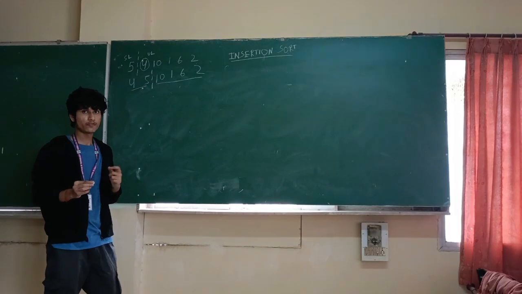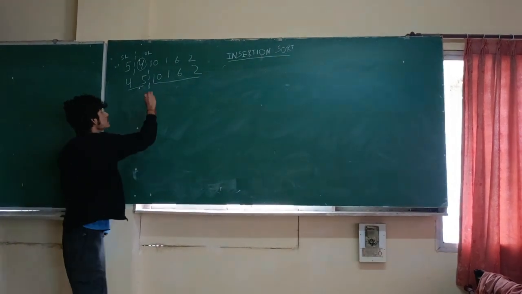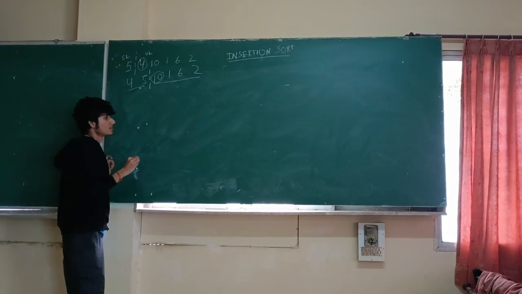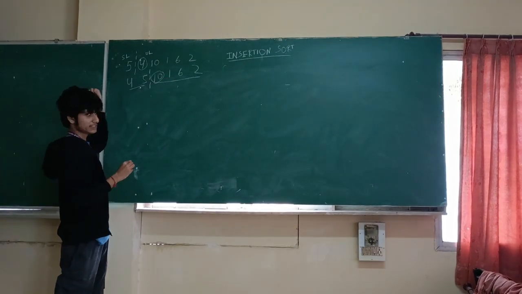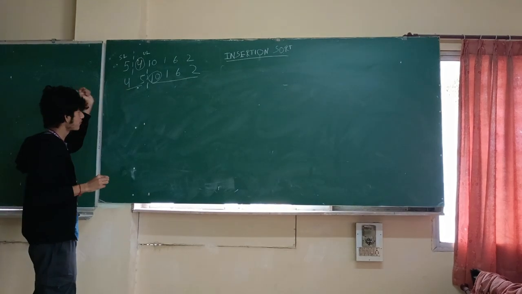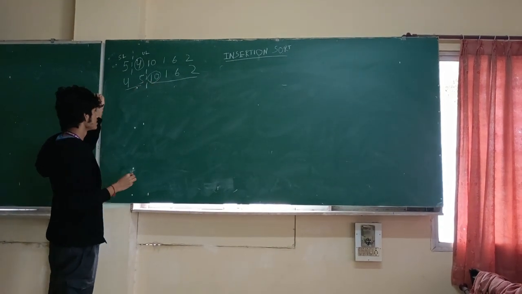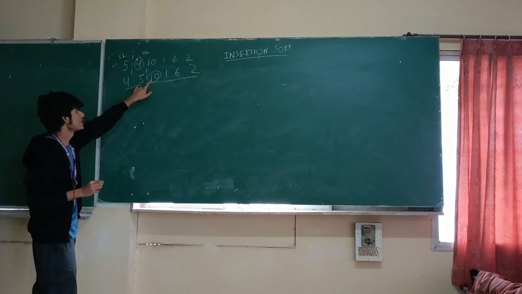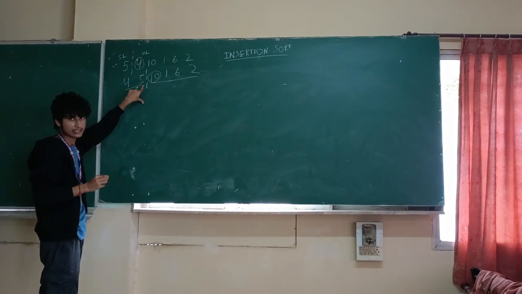As I told you, we take the first element of the unsorted list, that is this time 10. We'll compare on the left side, 10 with 5, then 4, from this side to the start. Is 10 less than 5?